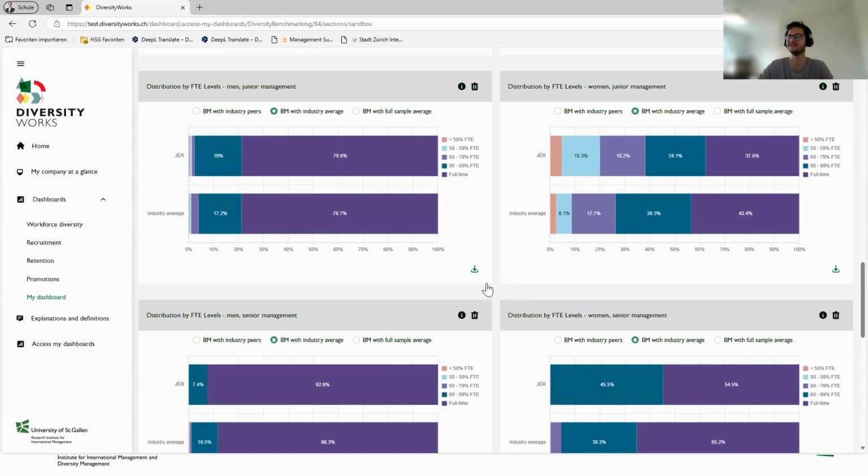And in such a dashboard like this, or in your own dashboards, you can always dive a little bit deeper, combine the diversity dimensions to have this intersectional approach to find the certain group which might be at a disadvantage here.